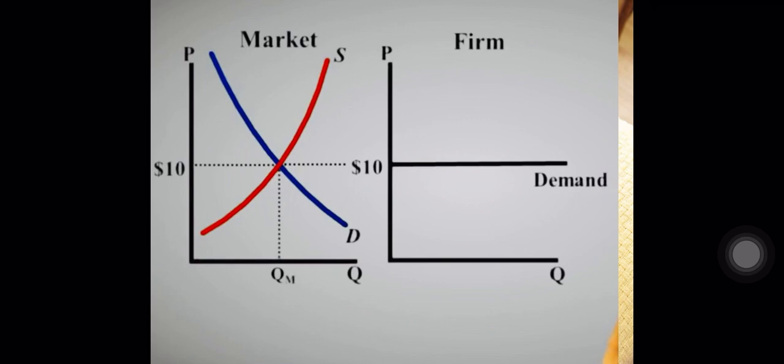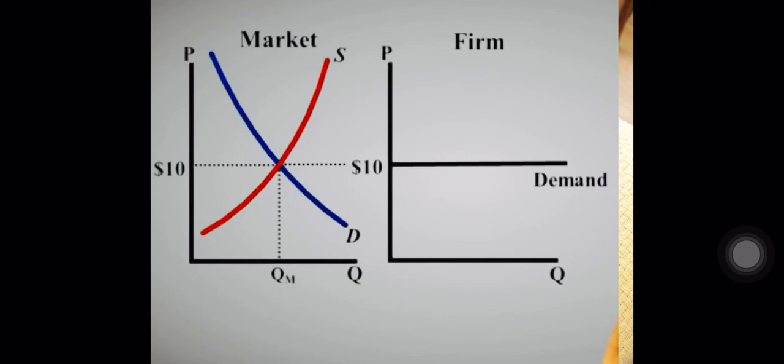So here, first you have the market. You can see that there's a market graph and the firm graph shown together like this, because this will explain how price is set up in a perfectly competitive market. So here, you can see the blue and red lines representing our demand curve, the downward sloping blue line, and our supply curve, which is the upward sloping curve in red.